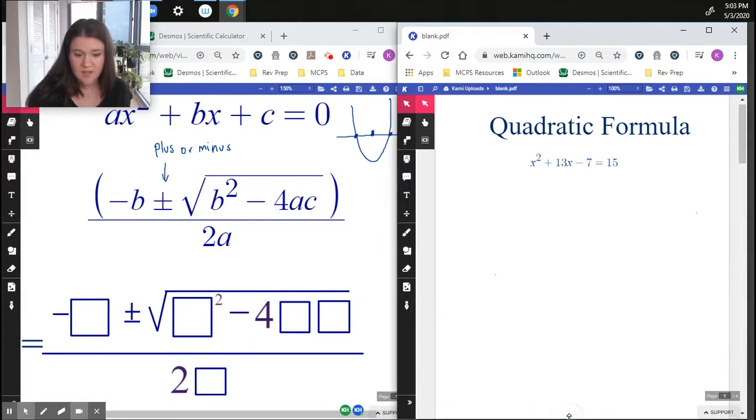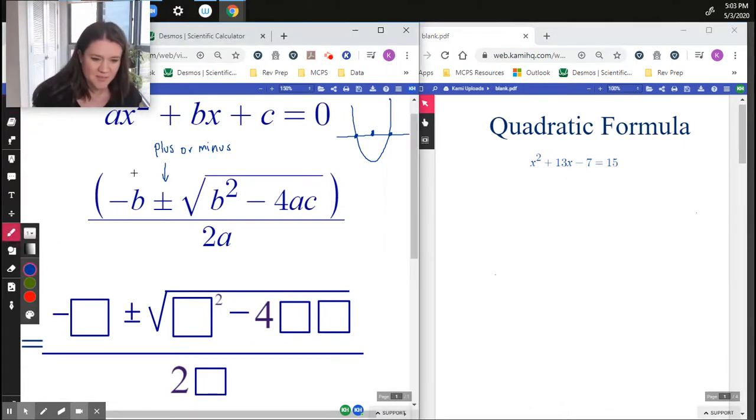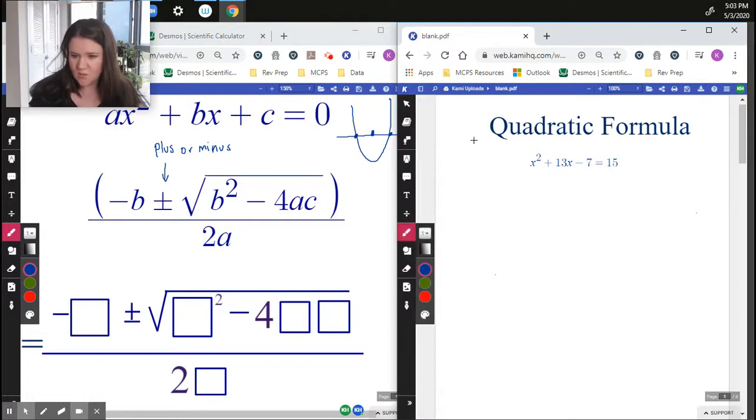All right, so negative b. All right, well, what's my b value? Oh, you know what's going to be helpful here is to really just label those out for myself. So I want my a, my b, and my c. Oops, b doesn't equal c. B and c. All right.